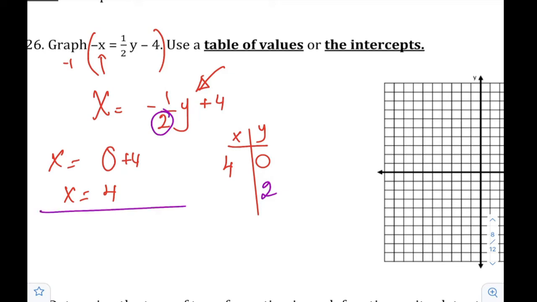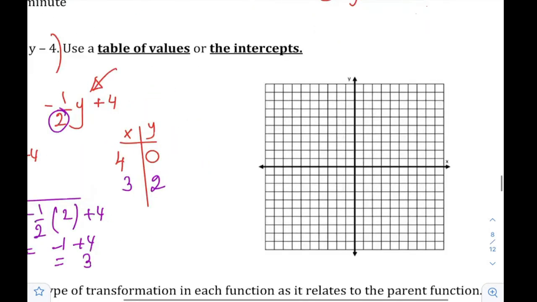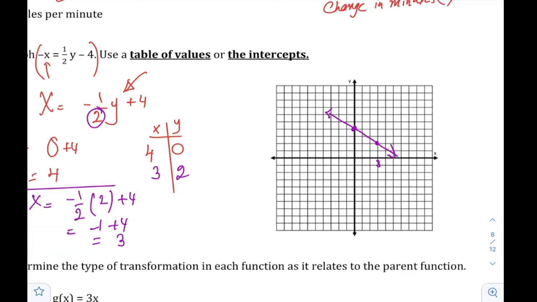So when y is 2, x is negative half times 2 plus 4, which is -1 plus 4, which is 3. Plotting the point (4, 0), it's on the x-axis. (3, 2), going to 3 up to 2 is over there, and match properly. This is my line.